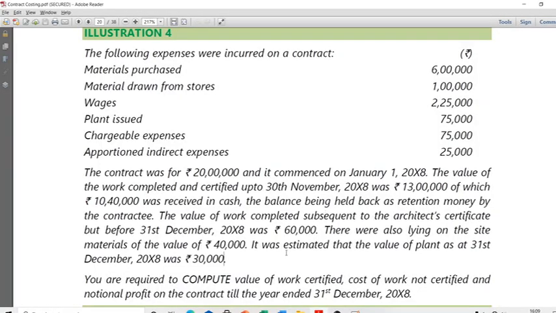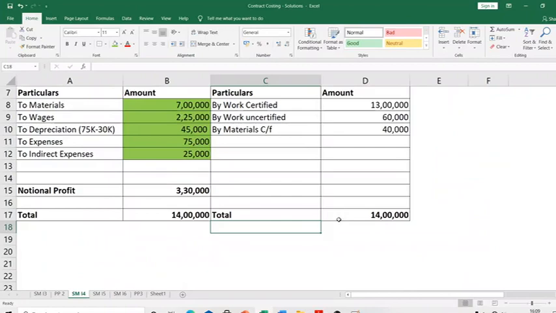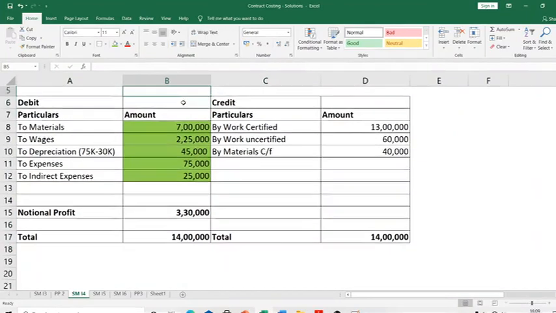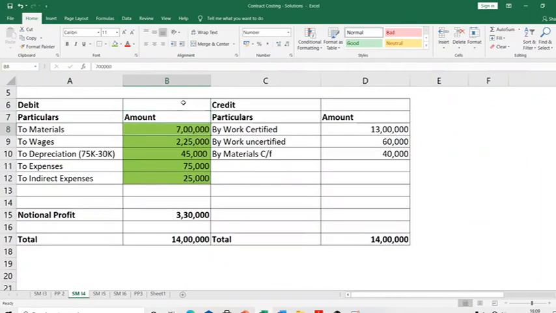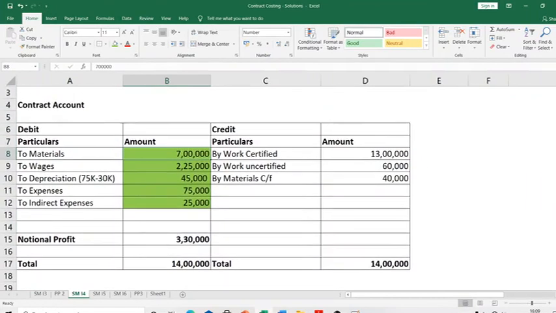The only thing that we should now do is discuss the items on the credit side. First thing I'm going to discuss is that there were also materials lying on the site of the value 40,000. See here, you introduce materials to the extent of 7 lakhs in the beginning of the year, or through the year, sometime after the beginning.